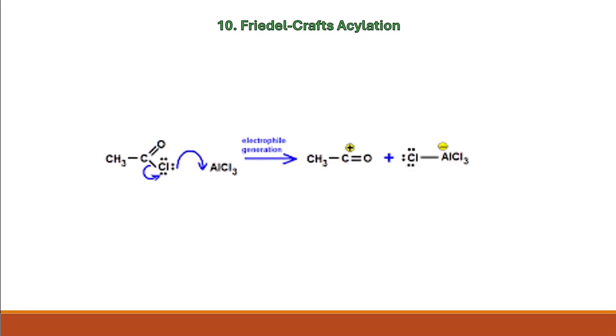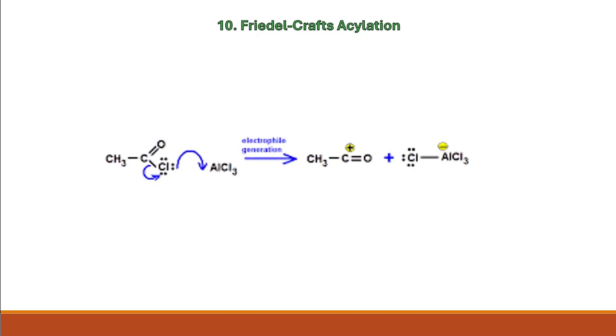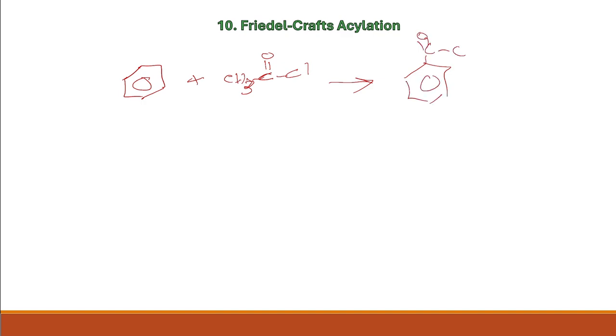Friedel-Crafts acylation. Friedel-Crafts acylation is the reaction when you add an acyl group to a benzene ring. So it's a type of substitution reaction. If you have your benzene ring, and for example ethanoyl chloride, an acid chloride, you add the acyl group COCH3, so you end up with a ketone.